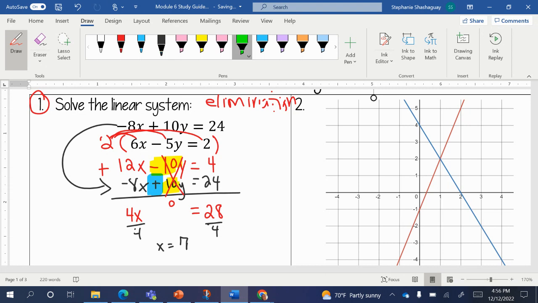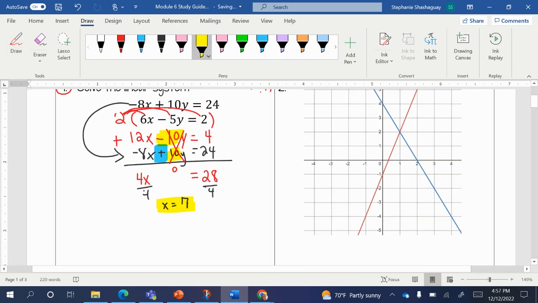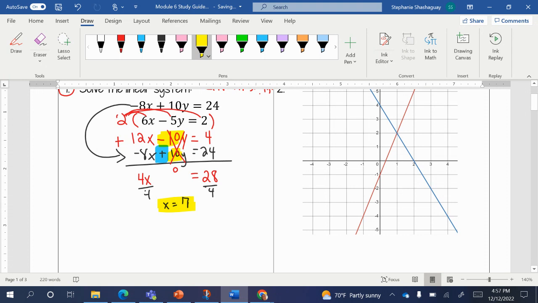Now that I have my x value of 7, I can take that x value and plug it into my original equation. So negative 8 times 7 plus 10y is equal to 24.